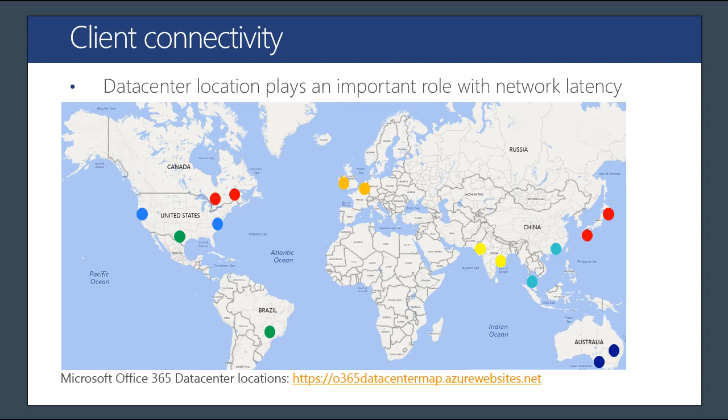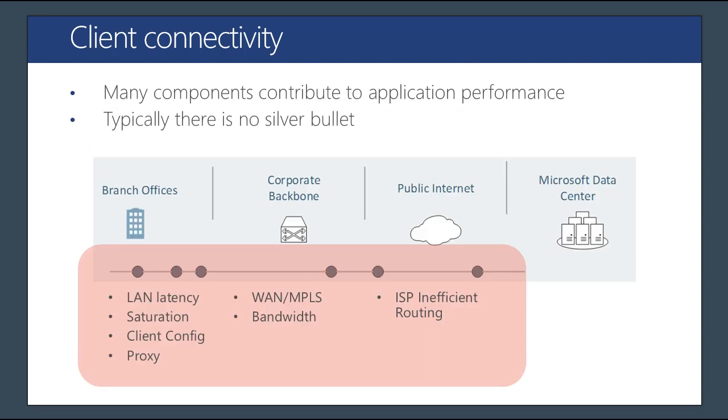That's one key area when it comes to network performance. So what are the various factors that come into play? Obviously, once you have made the choice, and once the data center is chosen and your instance is set up, there are still other areas that can be optimized to improve the performance, right?